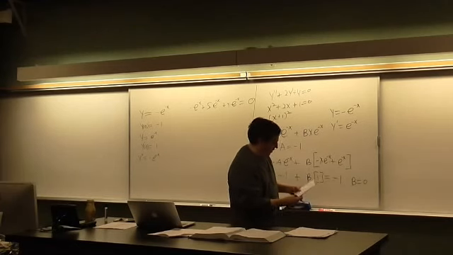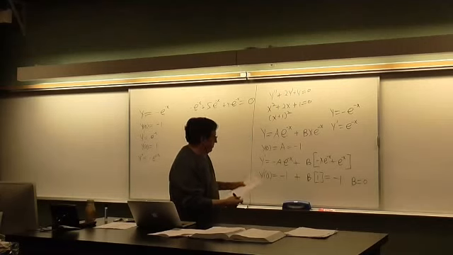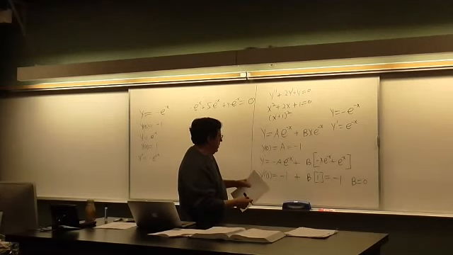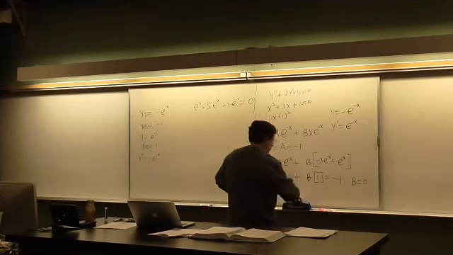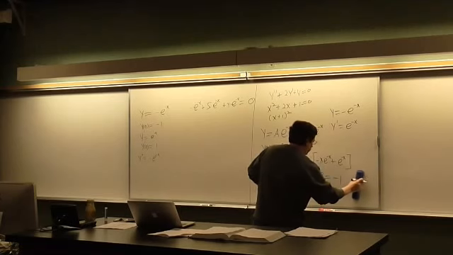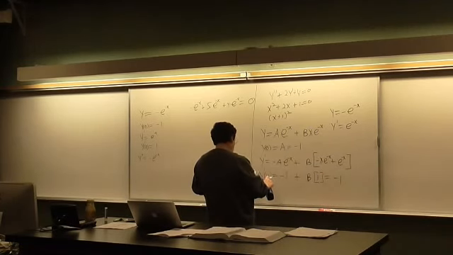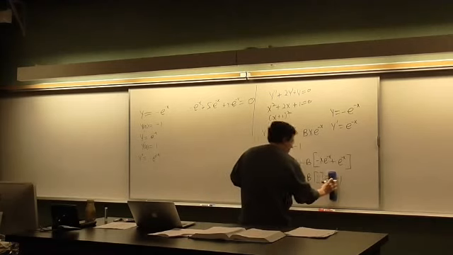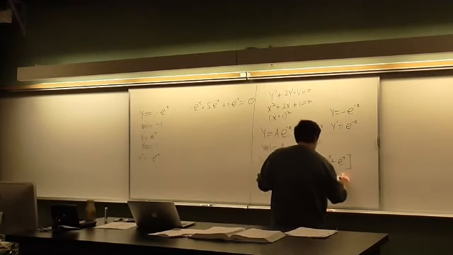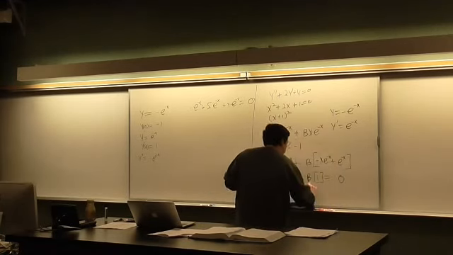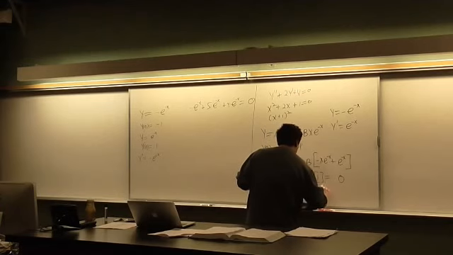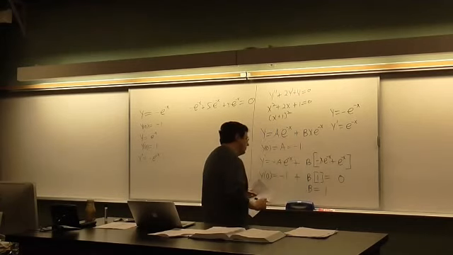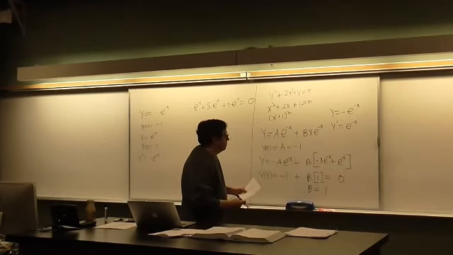Hold on. Wait, I did this second step wrong. y prime at 0 is 0. So b is equal to 1, right? Yeah. Why is a equal to negative 1?